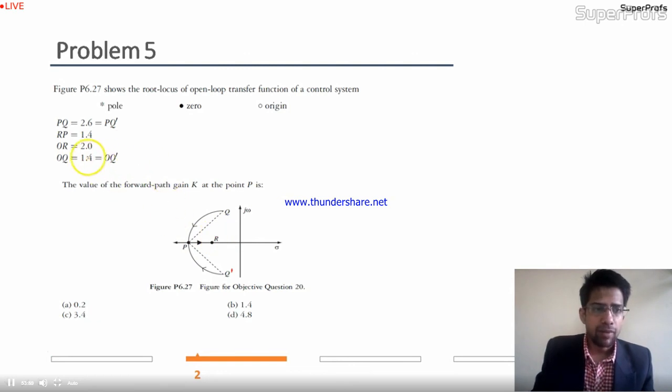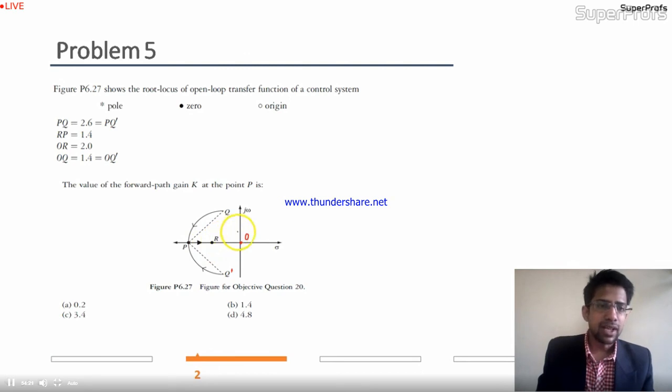Then you have RP equal to 1.4. Then OR is equal to 2, where O is the origin. Then OQ and OQ dash is equal to 1.4. Now you need to find out the value of forward path gain K at the point P.